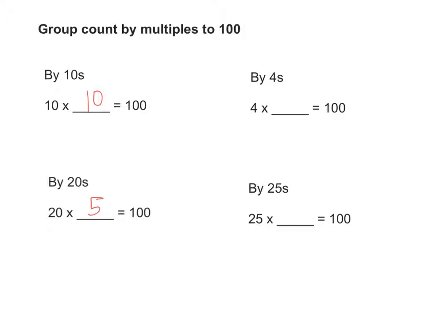Okay, if you saw me counting my fingers, that was 25 times you had to say a number. So therefore, 4 times what? 25 equals 100. Very good.